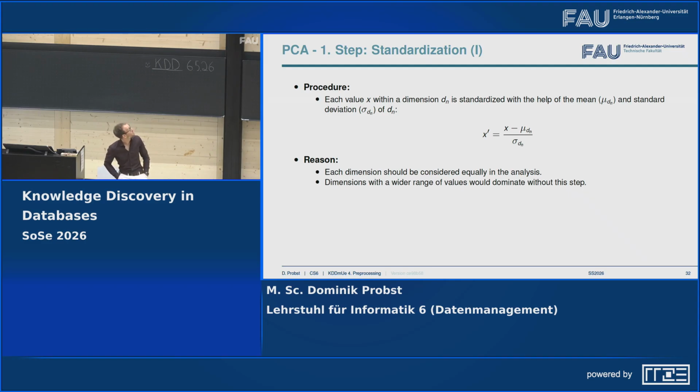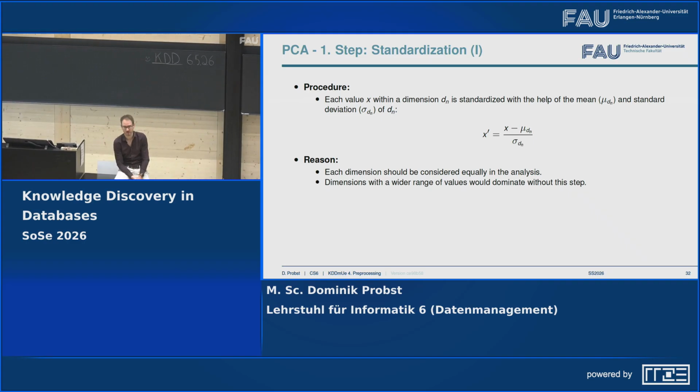The first step is to get the dimensions to the same information level. So we want that every dimension has the same impact on PCA. And that's something we can do by using standardization. Standardization is a normalization technique we already talked about last week, where we take a look at every value, take a value minus the mean of a dimension, divided through the standard deviation of this dimension.